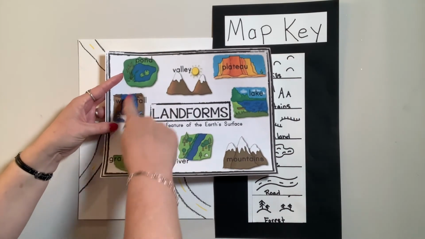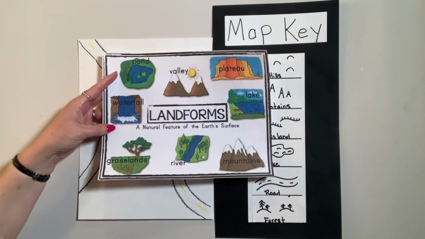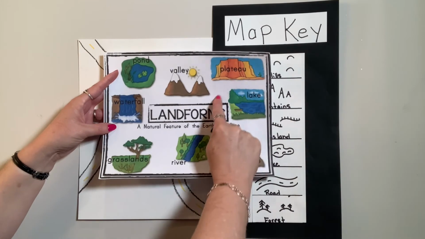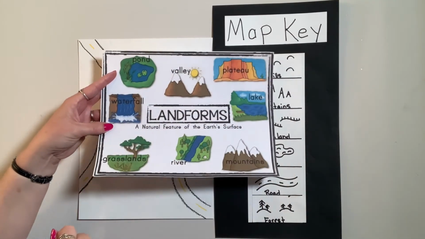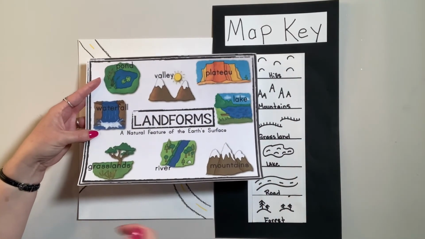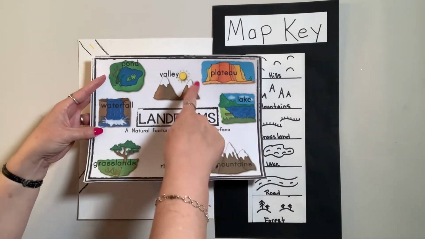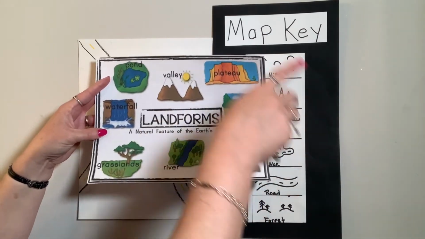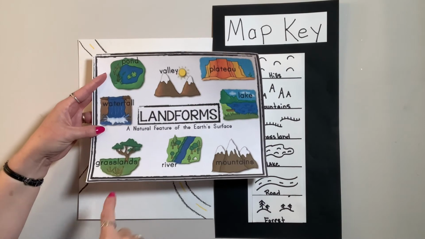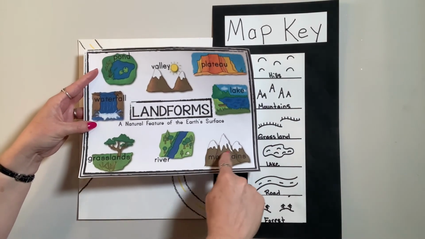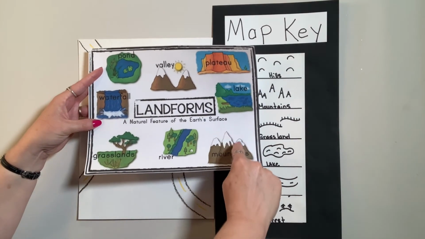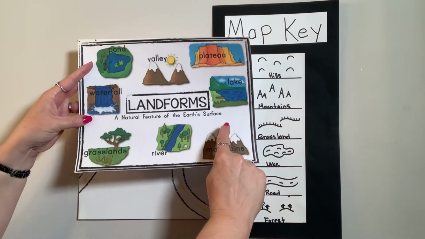the ground. So here I have a pond, which is a landform. We have a lake. Those are 2 different kinds of water that were made through time as the soil got pushed away and the water started to collect. And we also have mountains that are like triangle tops that are very high.